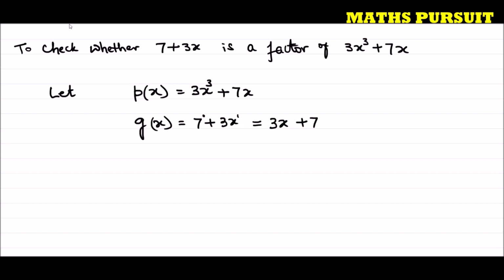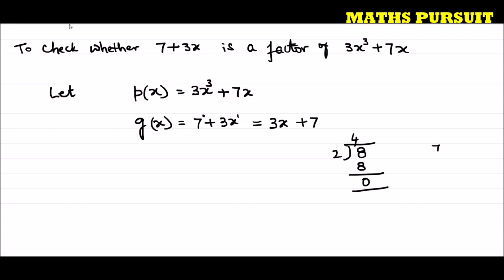Now guys, how will we understand if some number is a factor of the other number or not? If we divide the other number by this number and we get the remainder as 0, then only can we say that the given number is a factor of the other number. For example, if I am dividing 8 by 2, I am getting the remainder as 0.